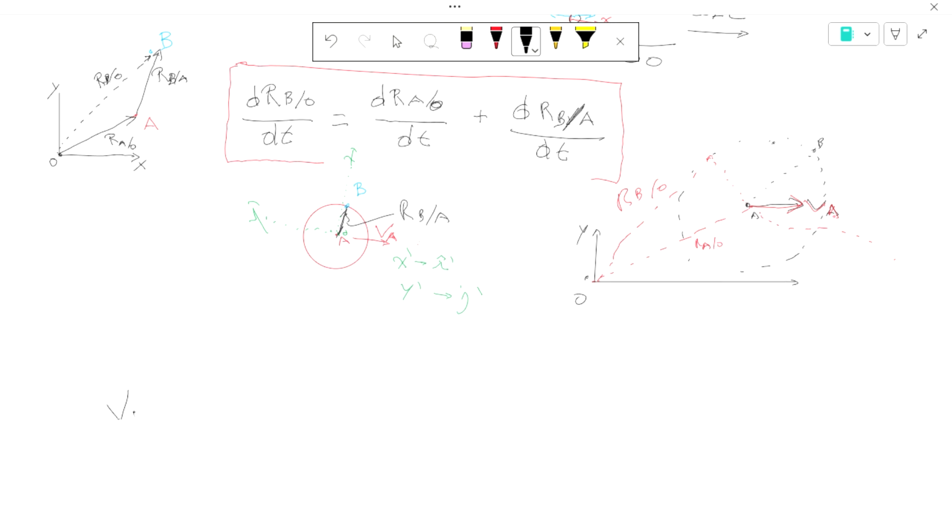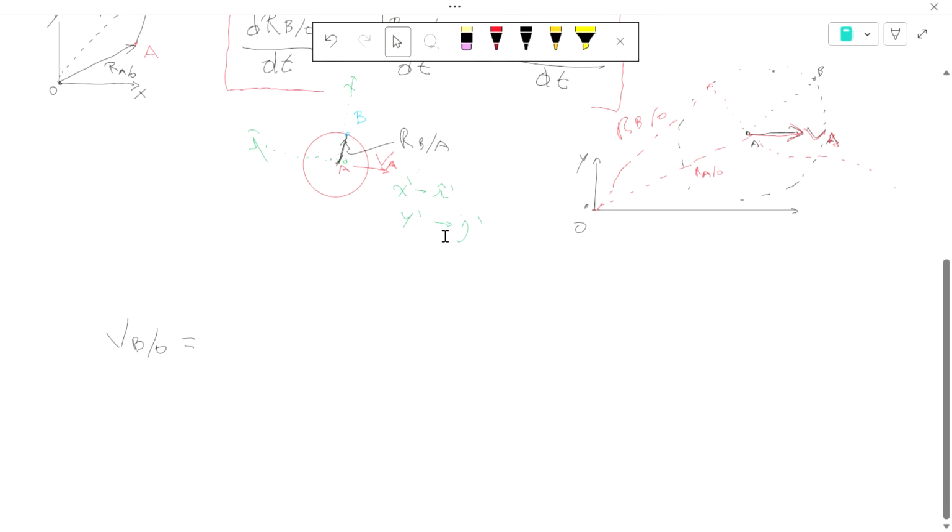So velocity of B with respect to O is equal to the velocity, and notice, first of all, that this right here is the position or the velocity of B in the rotating frame.